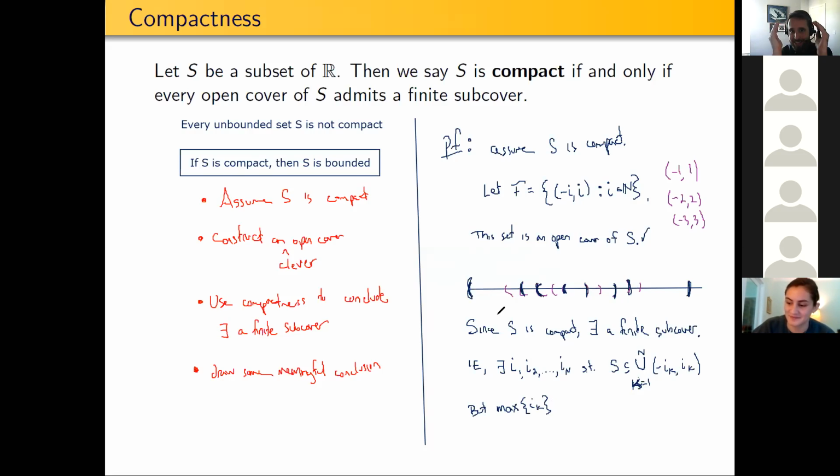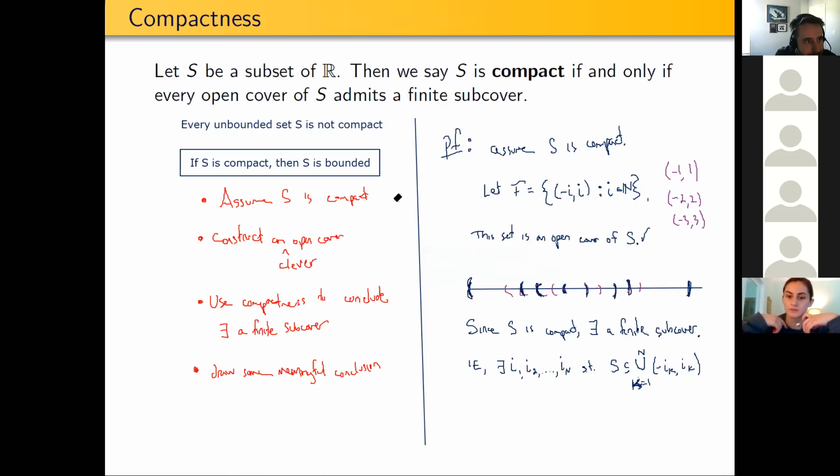Because we sort of nested these intervals, this means that all of the intervals are contained in that largest one, and that's a bounded set right there, right? So all of this is contained within the total range from the negative maximum value to the positive maximum value of these I sub k's.